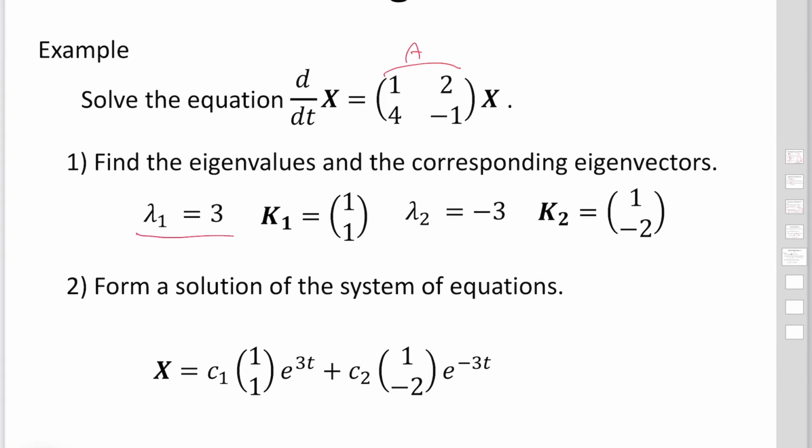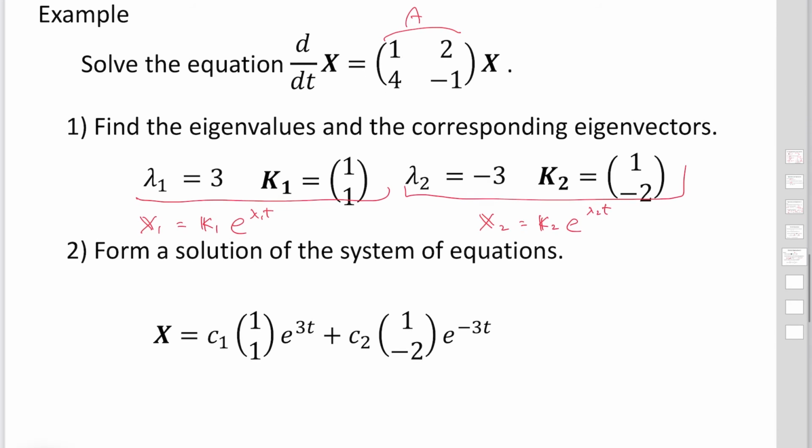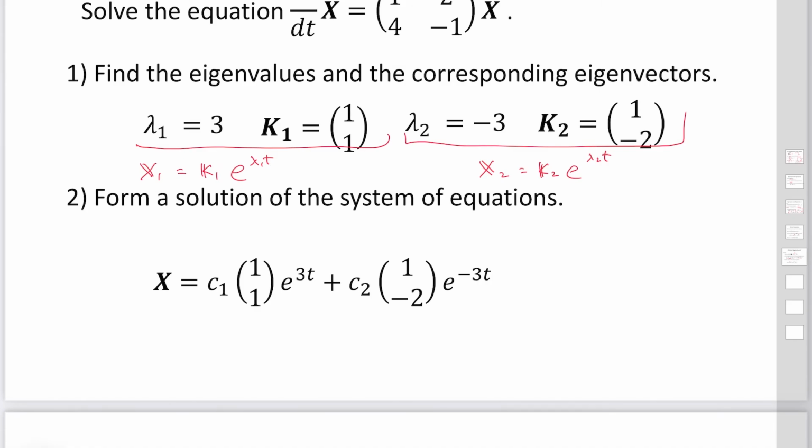From the first pair, the solution is expressed as k sub 1 times exponential lambda sub 1 t. Also from the second pair, we can create x sub 2 as k sub 2 times exponential lambda sub 2 t. By multiplying by the two parameters and summing, we create a general solution, which corresponds to x sub 1 and x sub 2.